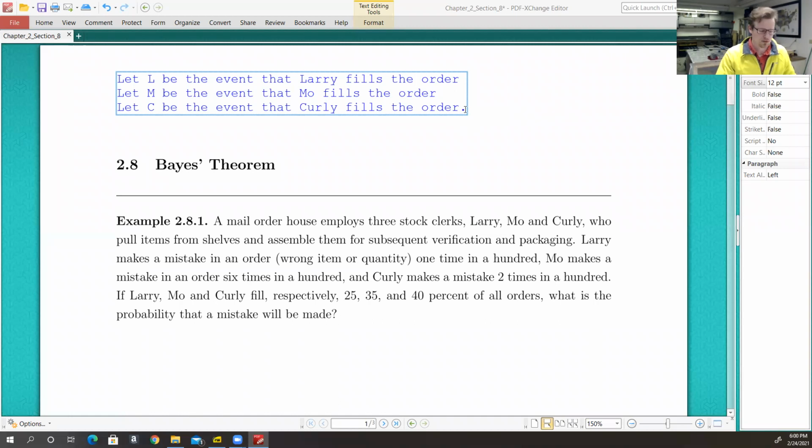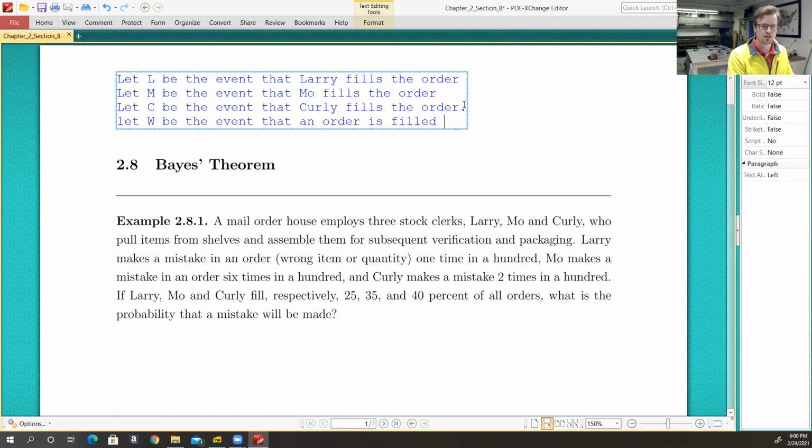Okay, we would also like to have, let's see, let W be the event that an order is filled wrong. So it's phrased as mistake in the problem, but M is being used. So let's let W be the event that an order is filled wrong, right? A mistake is made. All right.